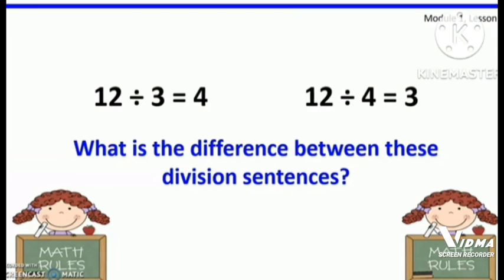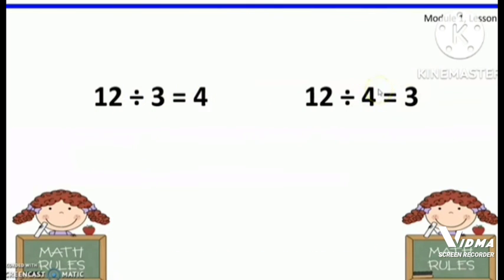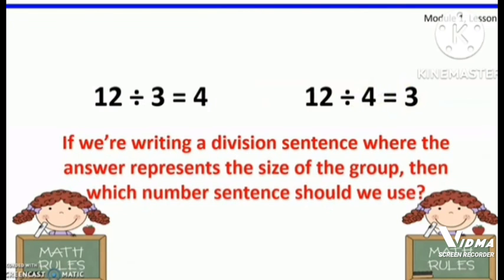That is the first equation. If you want to find the difference between these two equations, the first one tells us that if you share 12 into 3 groups, you'll have 4 in each group. The second equation is telling us that if you share 12 into 4 groups, you have 3 in each group. But if you're writing the division sentence in the answer, the first equation tells us the answer. 12 divided by 3 equals 4.